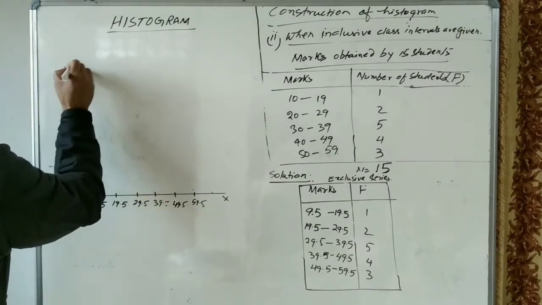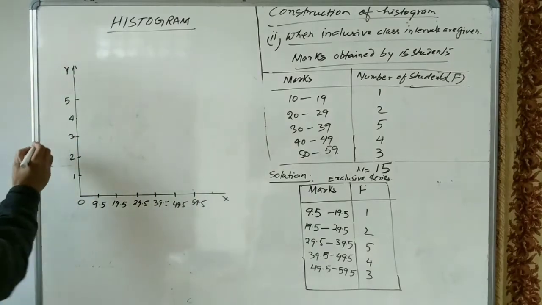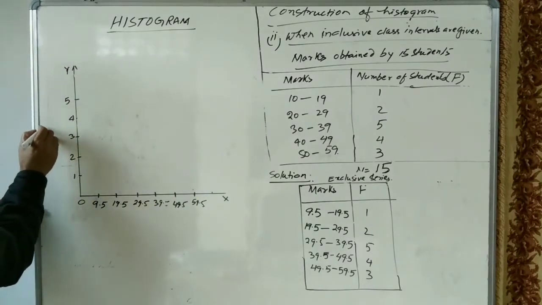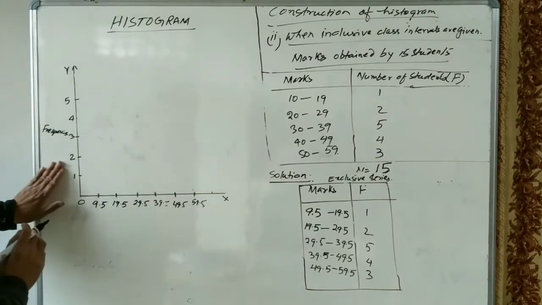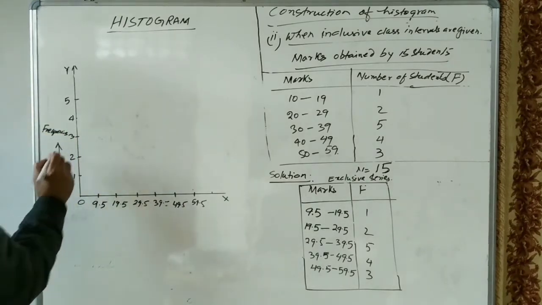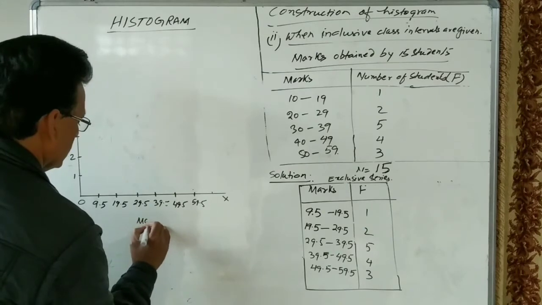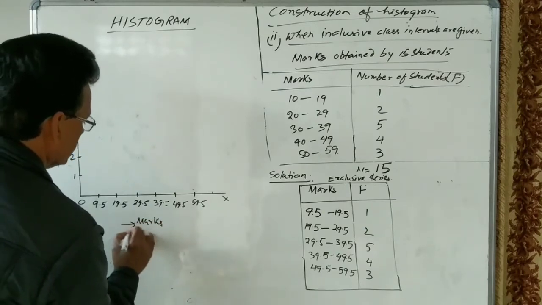This is the y-axis, the frequencies or the number of students. We have taken frequencies on the y-axis and marks on the x-axis.